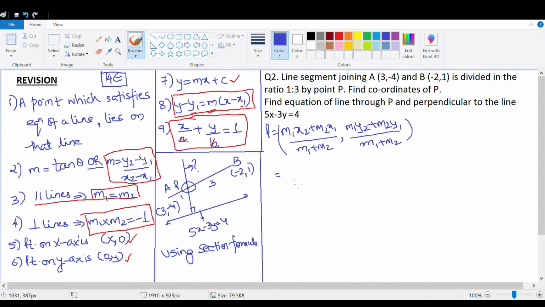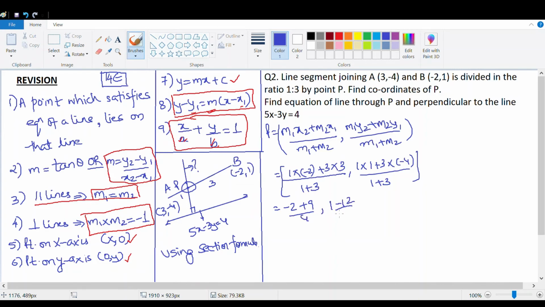So m1 is 1, x2 is -2, m2 is 3, and x1 is 3, upon m1 plus m2, that's 1 plus 3, and the y-coordinate would be 1 into 1 plus 3 into -4 upon 1 plus 3. So this is (-2 plus 9) upon 4, and this is (1 minus 12) upon 4. So this would be 7 upon 4, and this would be -11 upon 4. So the coordinates of P, the first part of the question, I have solved.